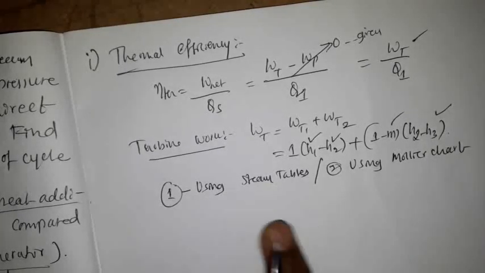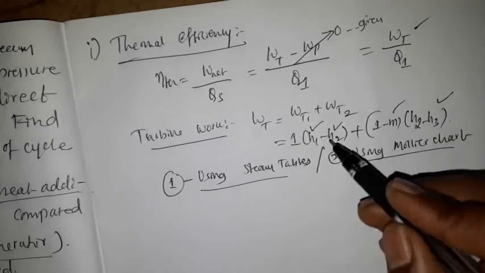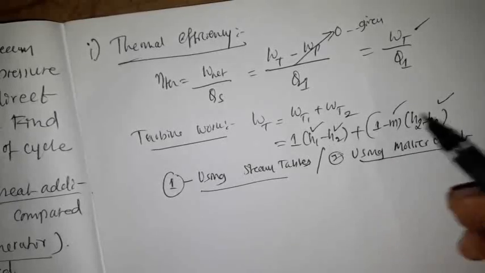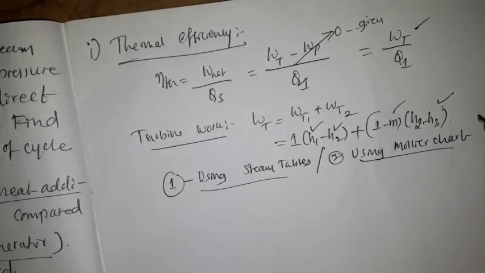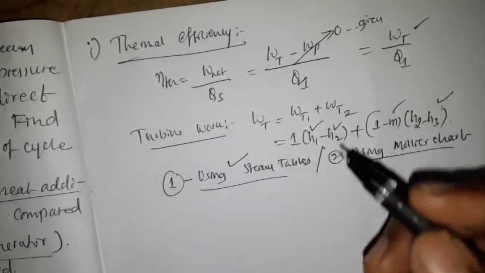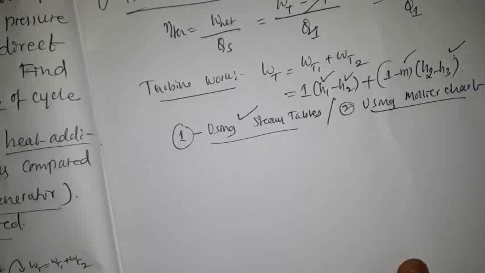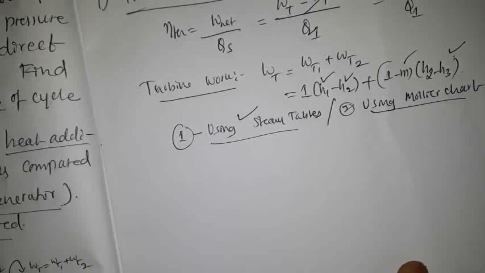So we can use any one of these methods to find out the values of enthalpy, that is H1, H2, H3. So now let's prefer the first method to understand ourselves how to calculate these enthalpy values using steam tables.